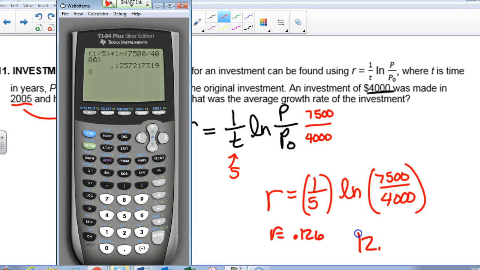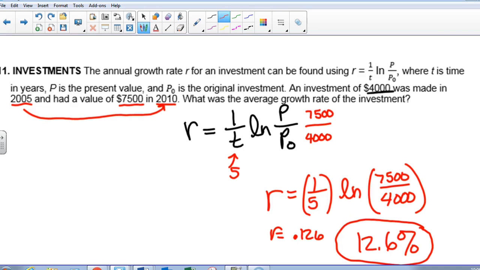Yep, 12.6% was the average growth rate. I don't know what you know about the markets today, but if you average 12.6%, I think you'd be really happy. Does anybody know what their savings account is earning right now? Yeah, it's really low. So 12.6% increase. If my retirement was earning that, I'd be thrilled.